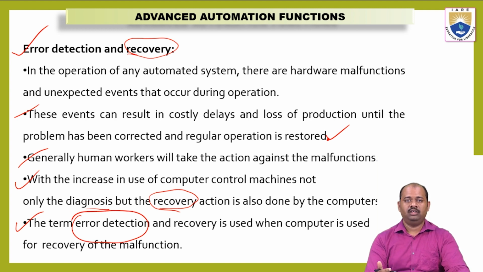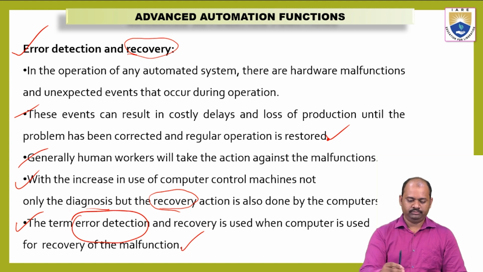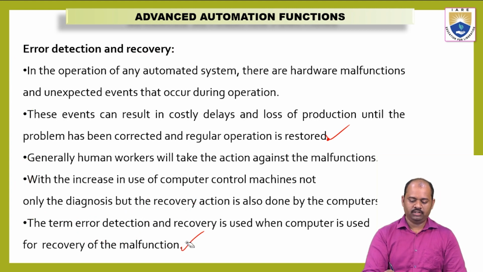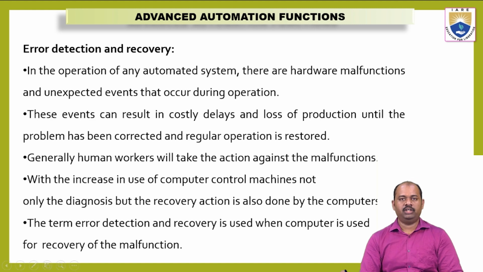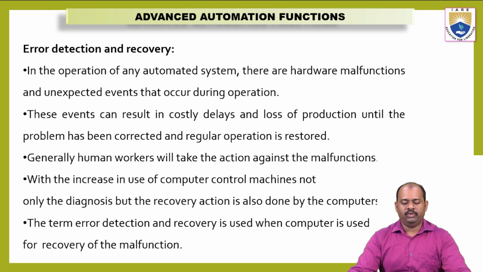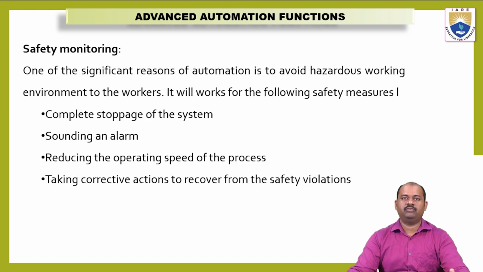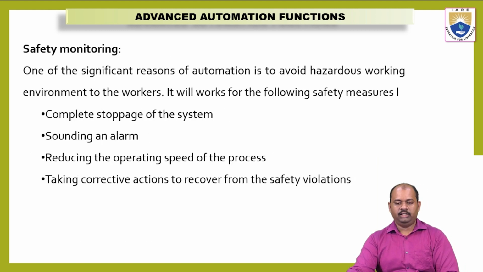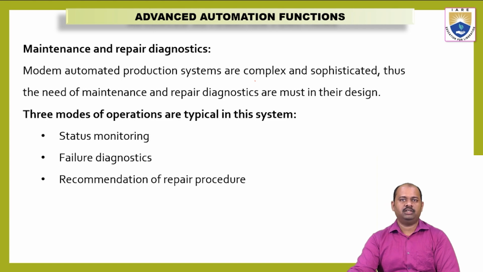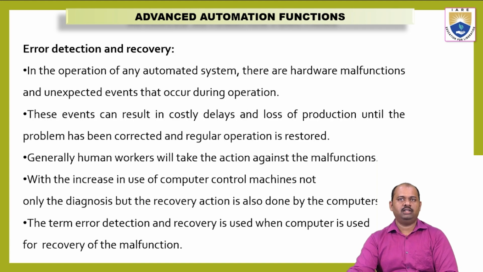The computer itself will diagnose and know how to repair the required error in order to make the system work properly. So these are some of the important points of automated systems, where we can use the automated system for advanced options. Like we have seen, first is safety monitoring, second is maintenance and repair diagnostics, and third is error detection.